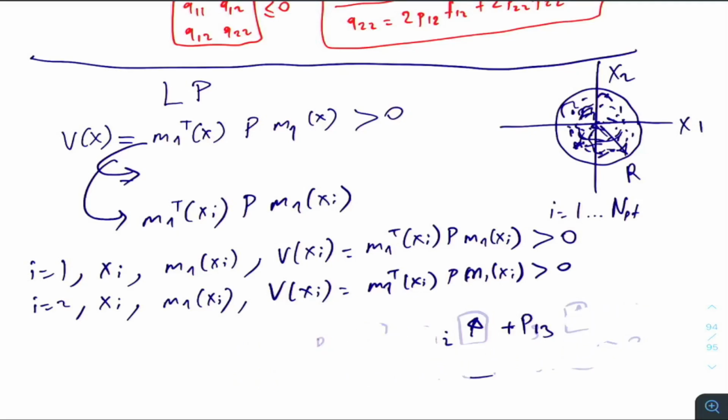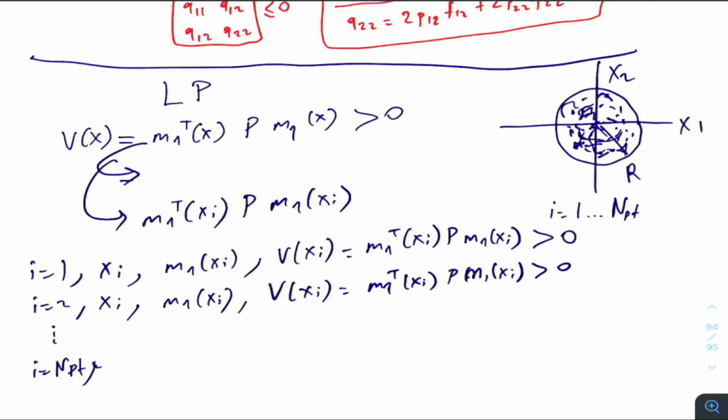After that, you did this for dot dot dot i equals n point. And by the way, n point must be, of course, more than 100, even for the smallest, easiest problem you might have. However, this might be in the order of thousands, 10,000, 2,000 or something.